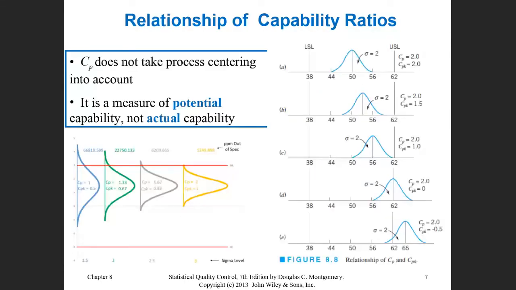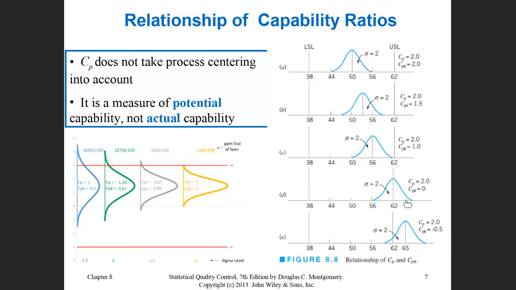Let's see how they look in figures. Imagine we have a high CP, considered to be a value of 2, and the CPK is considered low, at 0.